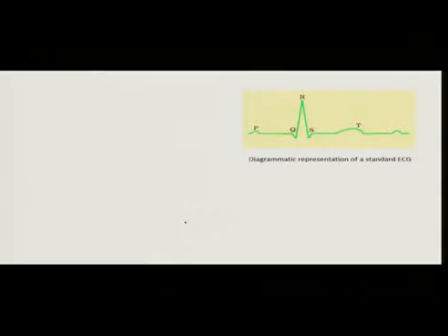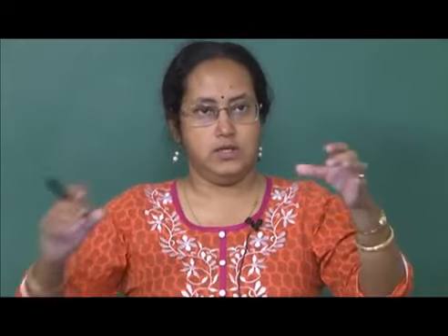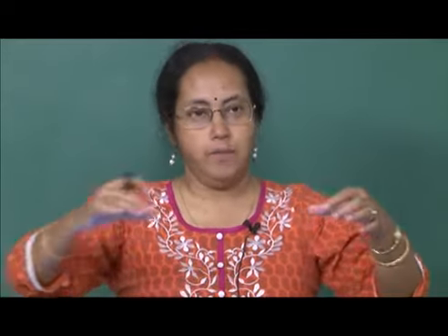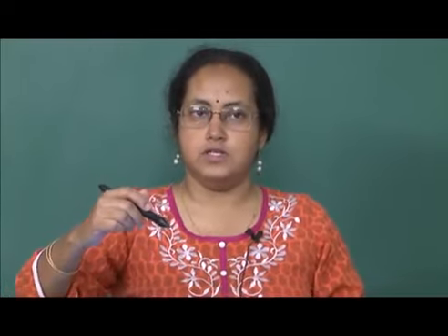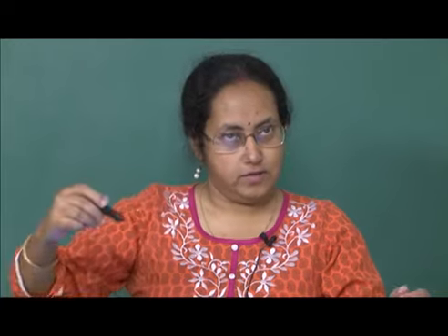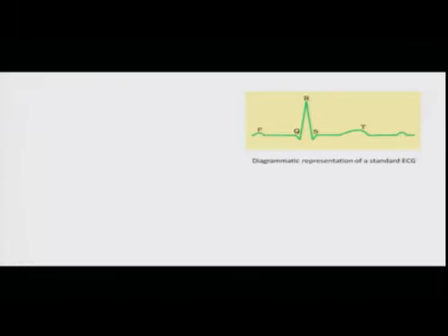Now, let us move on and look at what the electrocardiogram looks like. This is a graphical representation of that electrocardiogram, and it has various parts. When a patient goes to the doctor, you might remember that the ECG machine gives an output like a tape, and on this tape there is a graph paper on which there is a representation of the electrical activity of the heart, and this is what is shown exactly here.